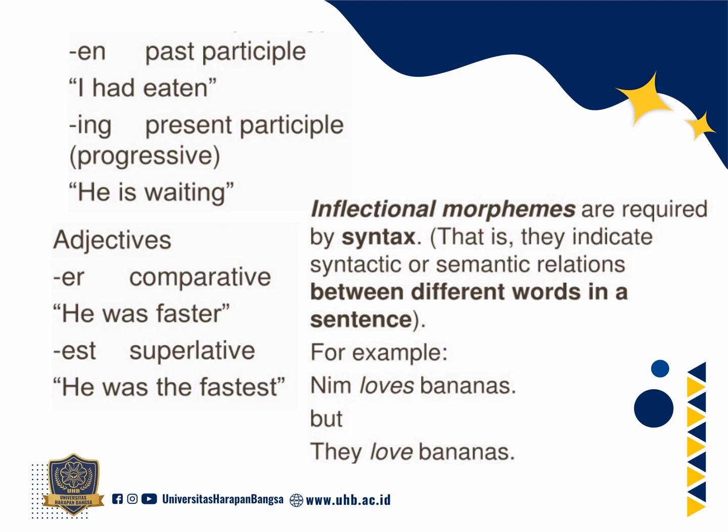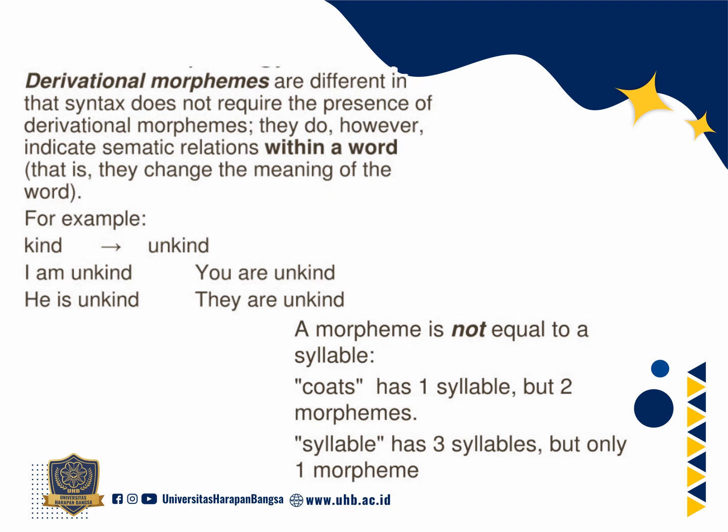Inflectional morphemes are required by syntax, that is, they indicate syntactic or semantic relations between different words in a sentence. For example, Tim loves bananas, but they love bananas. Derivational morphemes are different in that syntax does not require the presence of derivational morphemes.